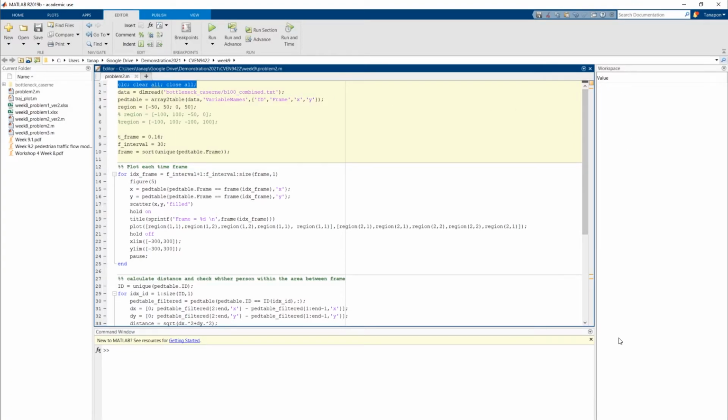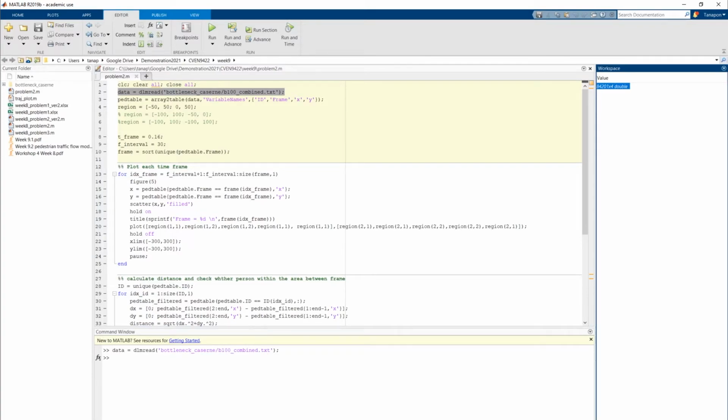I clear everything from the workspace, and if anything is open, I also close it, close all. And then first I extract the data for B100 combine.txt. If you run this, you can see the data is open in the workspace.